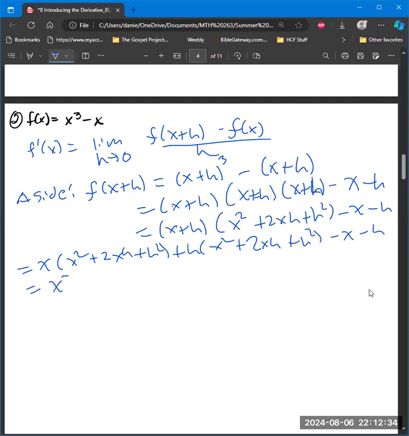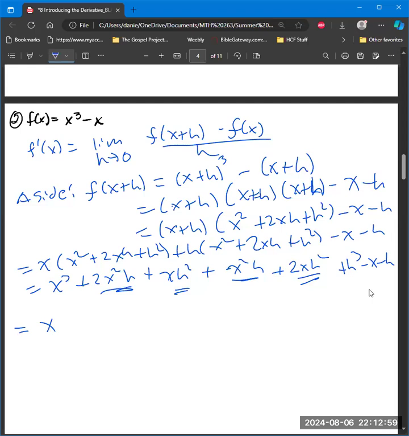It's going to be x cubed plus 2x squared h plus xh squared plus x squared h. Those are common. Plus 2xh squared. Those are common. Plus h cubed minus x minus h. So this is going to be x cubed plus 3x squared h plus 3xh squared plus h cubed minus x minus h.